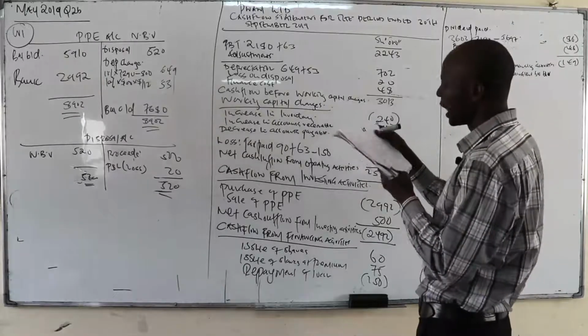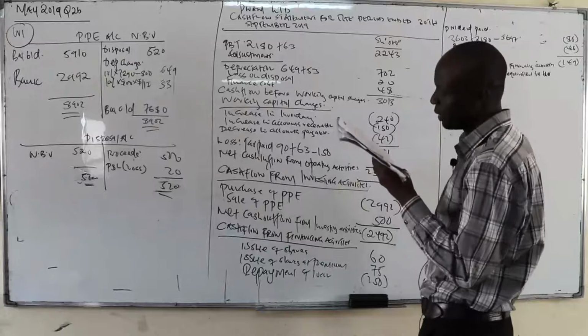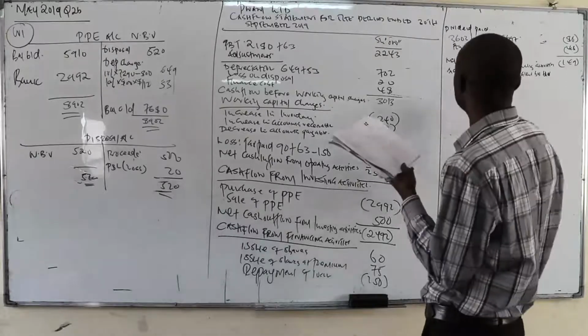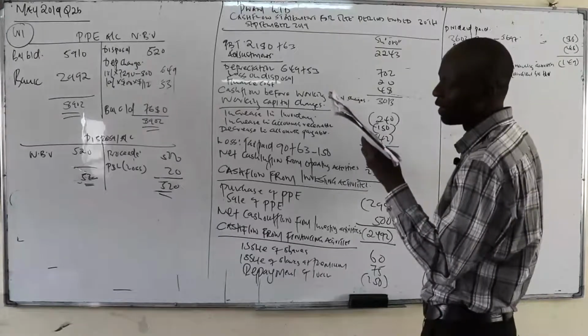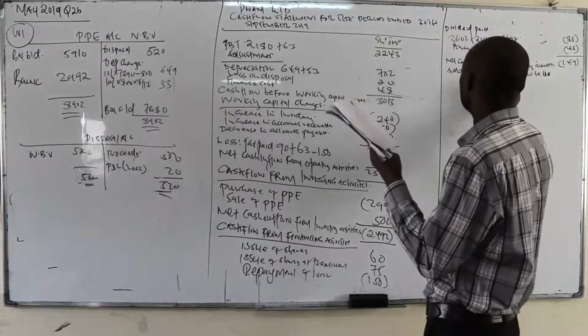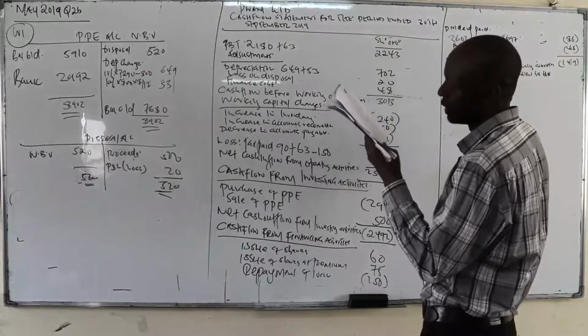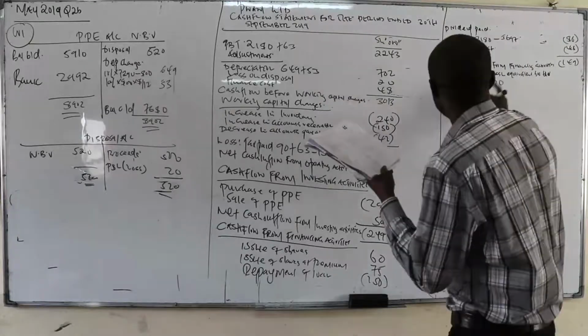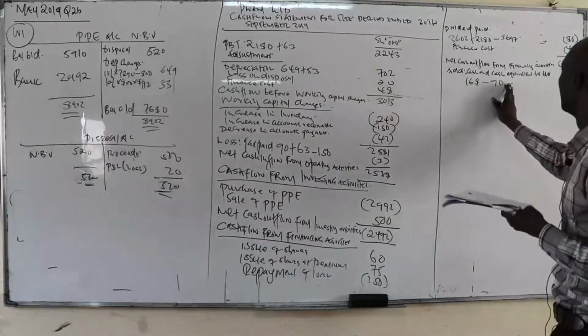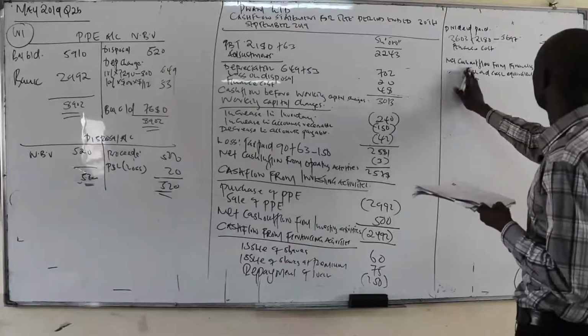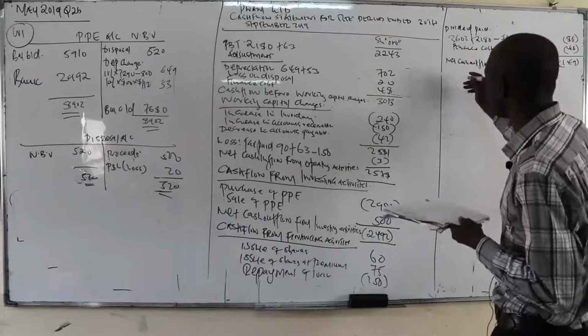So we had a cash of how much at the beginning? 168, and then you deduct the bank overdraft of 90. 168 minus 90, how much do you get? Sorry, before we do that, we need to have the cash and cash equivalent.